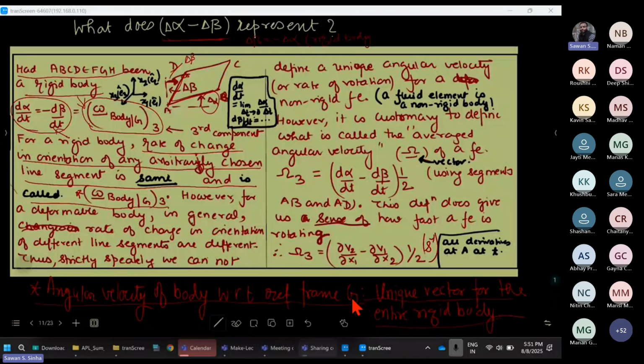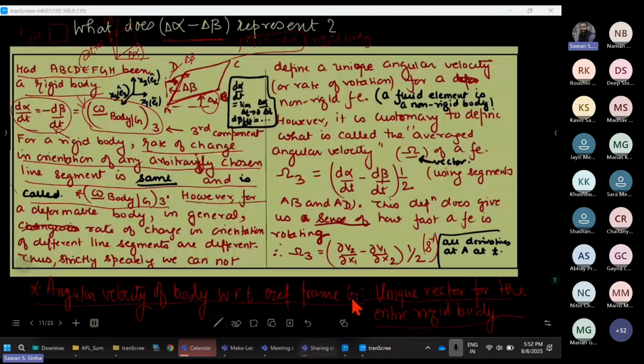Take a rigid body like this at time t, at t plus delta t, it does this. This is what I'm calling delta alpha, and this is what I'm calling delta beta. Clockwise. For a rigid body, this will always hold good.